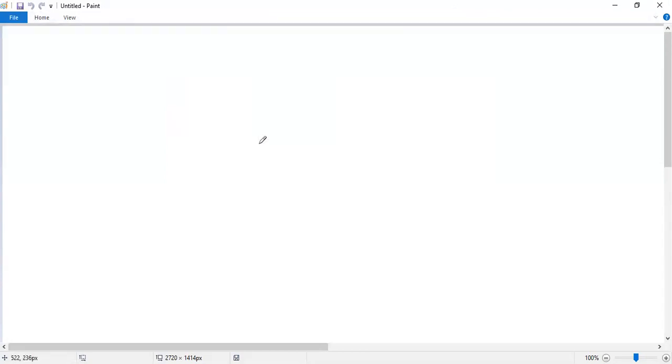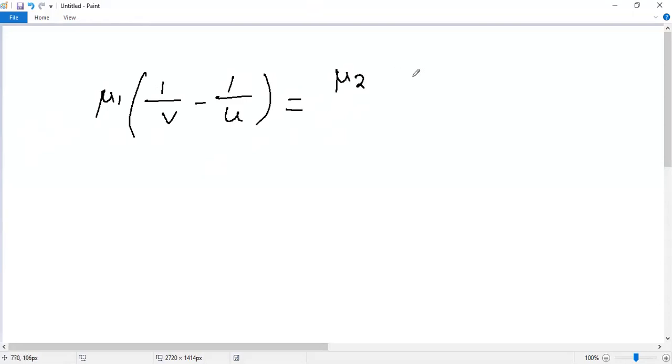Okay, listen. So commonly I will take mu1 out: 1 by V minus 1 by U is equal to mu2 minus mu1 divided by R1 plus mu1 minus mu2 divided by R2.